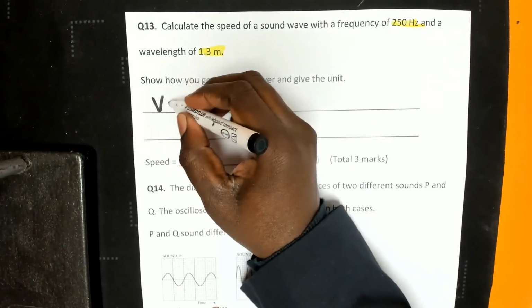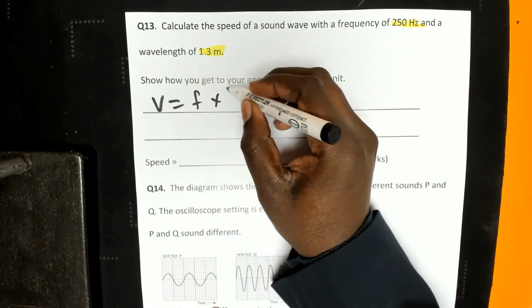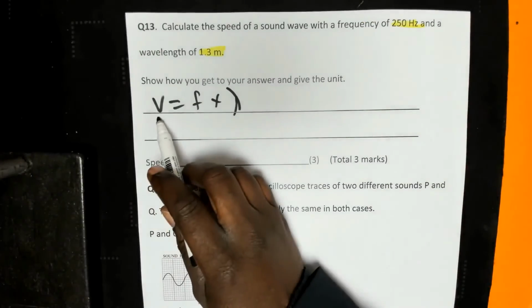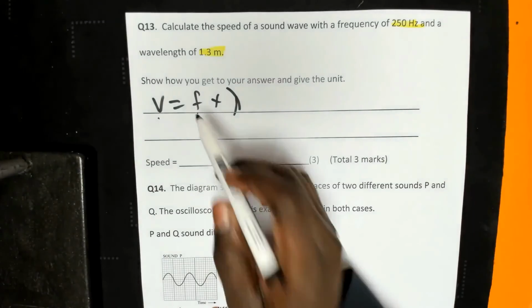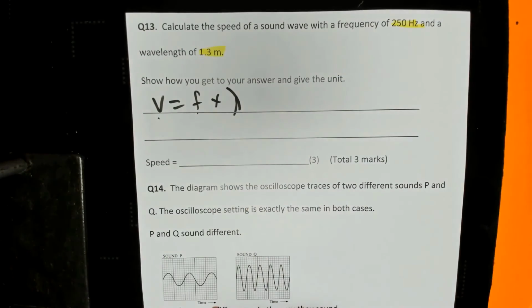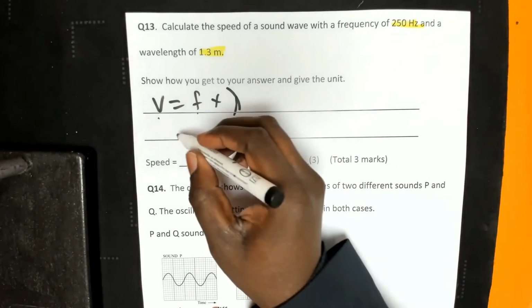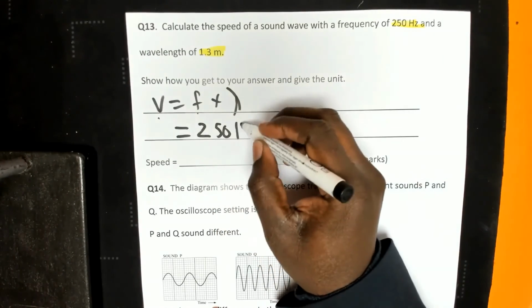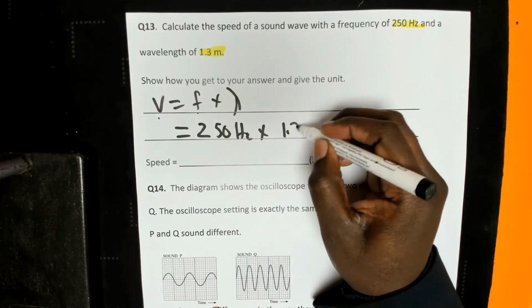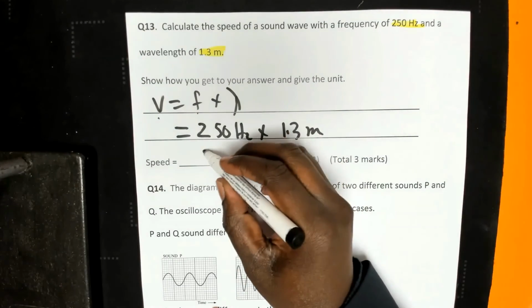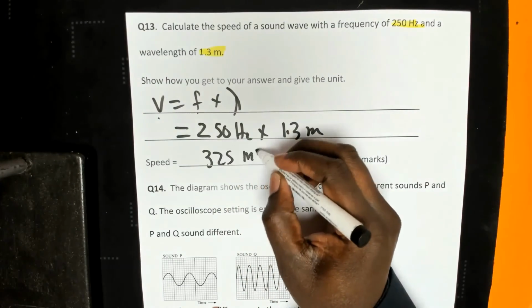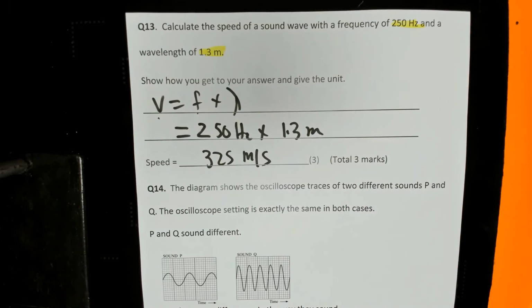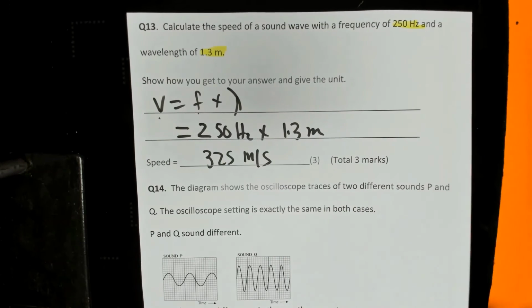We're going to use V is equal to F times lambda, where V is the wave speed, F is the frequency, and lambda is the wavelength. Now let's substitute the values. So it's 250 hertz times 1.3 meters, which will end with 325 meters per second. And remember, the unit is very important.